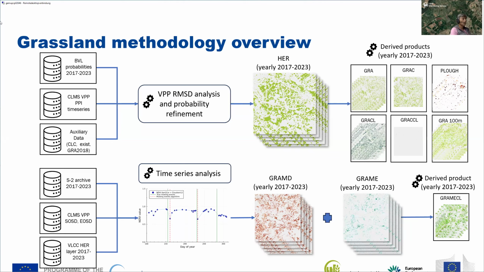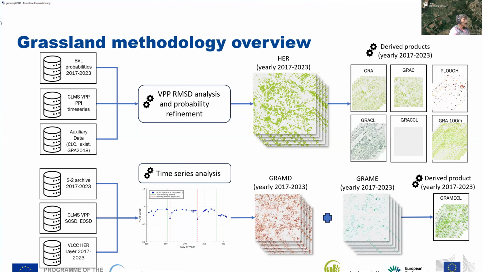We use these outcomes of this BVL herbaceous class, the probabilities, together with the CLMS, HRL, VPP, PPI. So the plant phenology index, time series, and some auxiliary data as the CLC, traditional CLC, and also the existing grassland 2018 product.